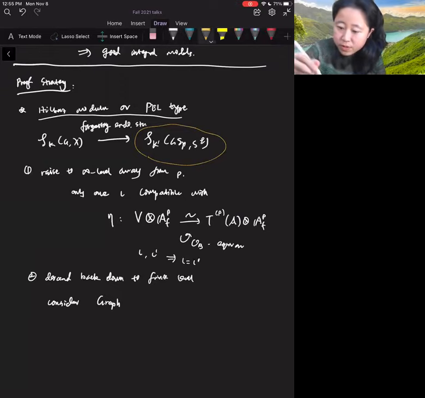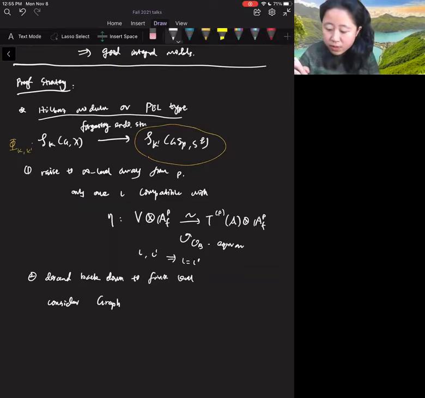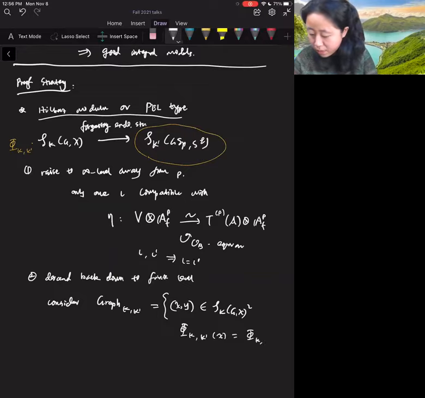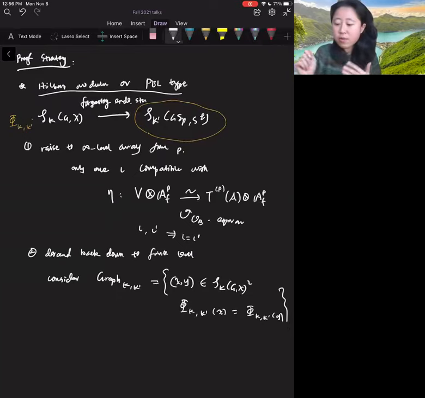So if I denote this morphism here by KK prime, you're considering the graph KK prime, which is given by the equivalence relations on this integral model square, where the X and Y have the same image under this map. Okay, and you can check that this graph is a closed subscheme of your integral model square, and you can check that this thing shrinks as K prime shrinks.